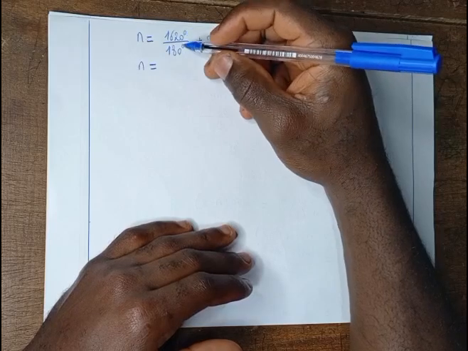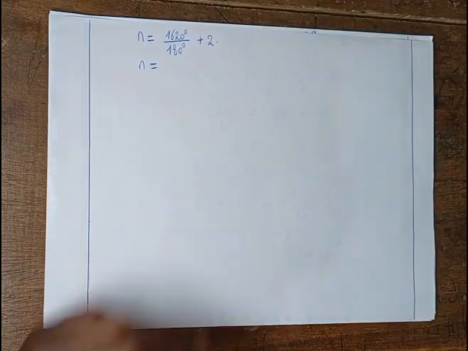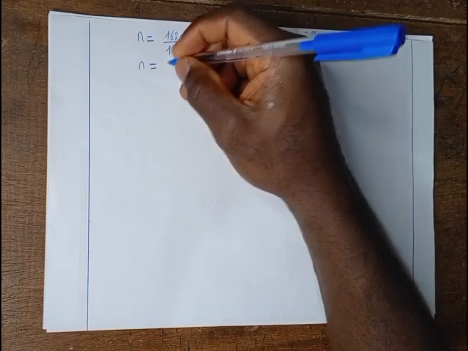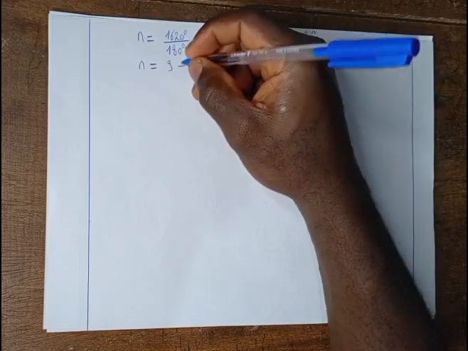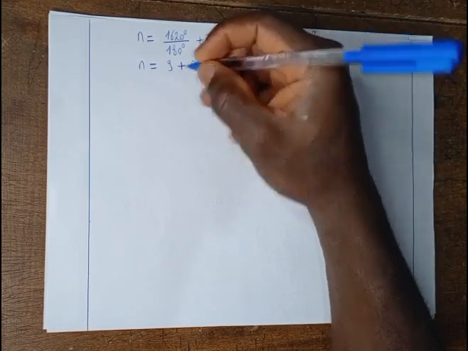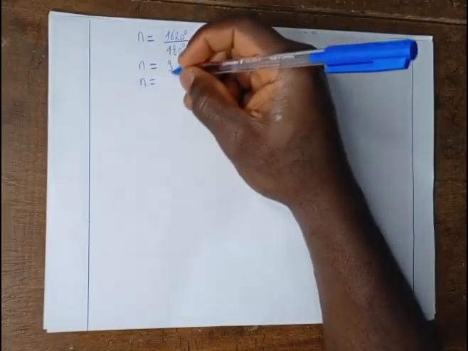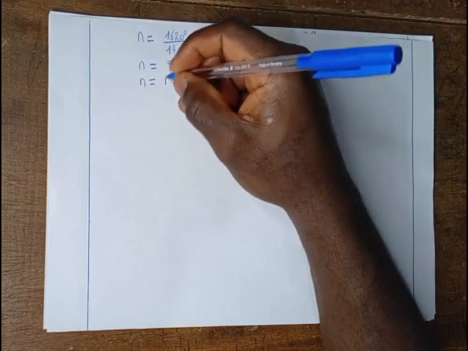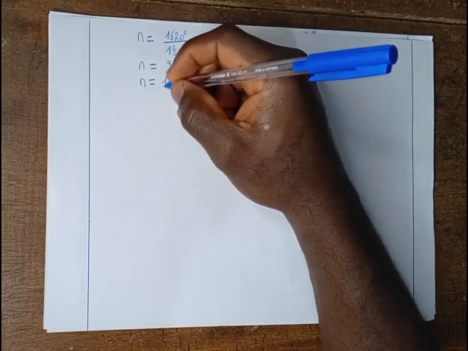Now we are going to simplify. You will see that degrees will cancel degrees, so we'll be left with a constant. Now we have to divide the constant 1620 by 180. This will simply give us 9 plus 2. This will give us n to be equal to 9 plus 2, which is 11.